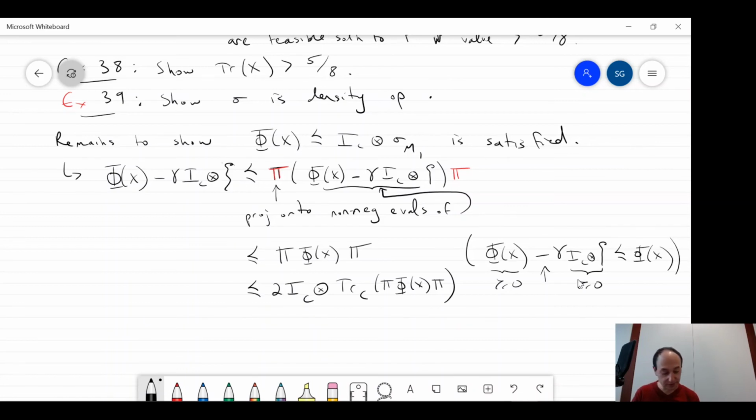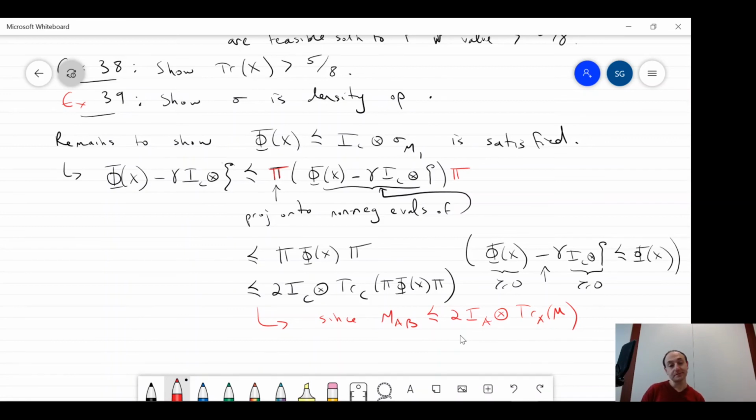And so here we're using the fact that for some matrix M_AB, M_AB is at most 2 times the identity on A tensor the trace over A of M. Okay, so in other words, if I had some bipartite operator M, if I trace out the first part of it and instead stick in an identity, then that will always be bigger than the original operator if I put in a prefactor of 2.